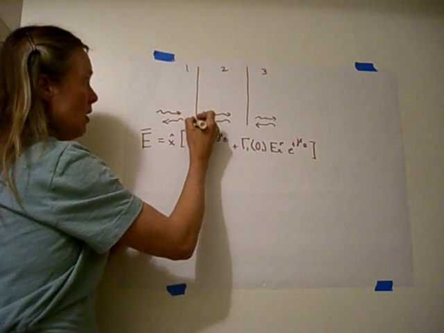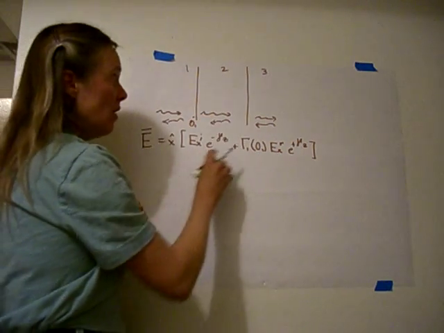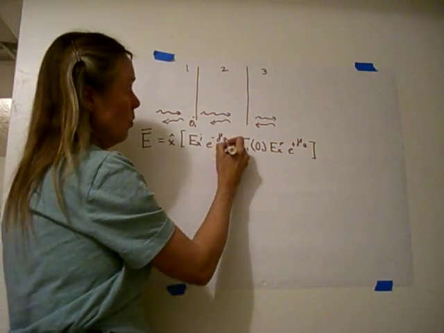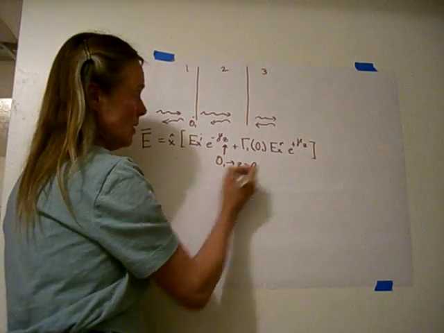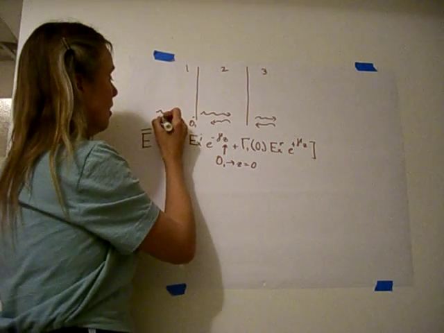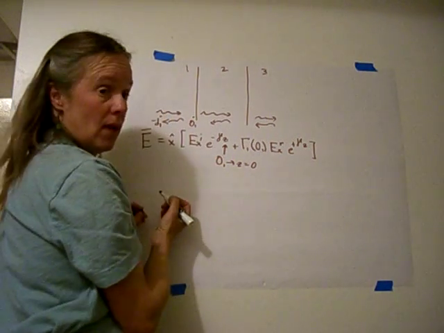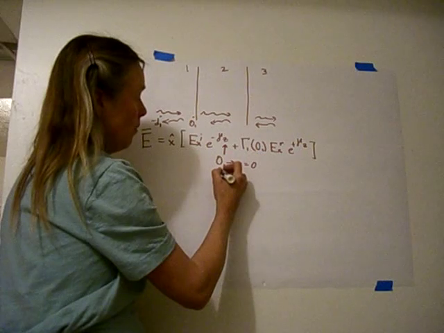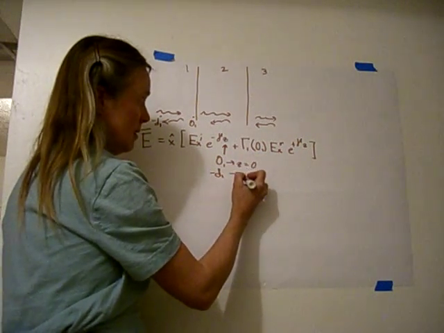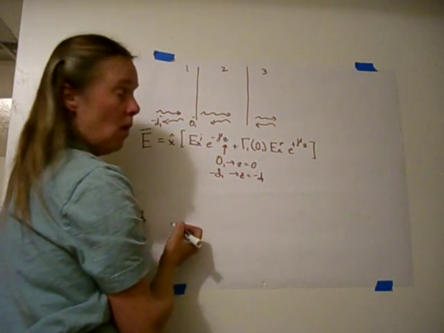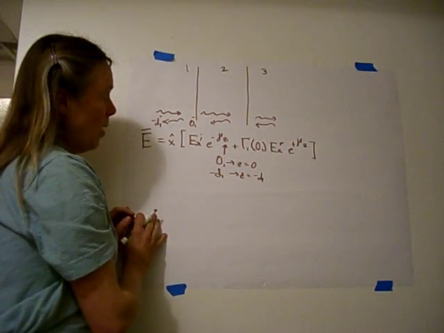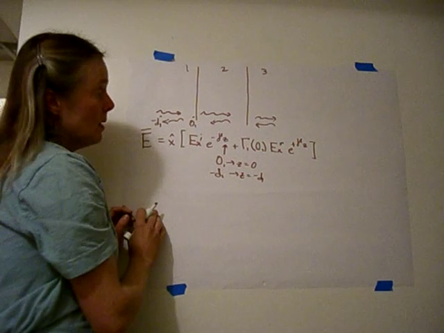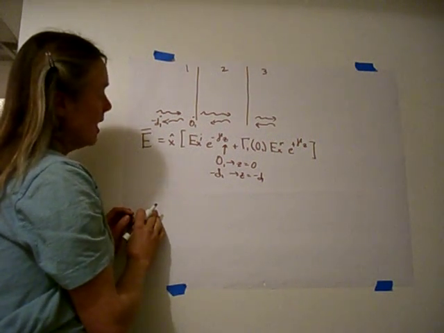If we were right here at O1, the value that we would put in here for z would be 0. So at O1, z is equal to 0. Out here at minus d1, if I wanted to find the electric field there, I would put in z equals minus d1. So I'm able to write the electric field any place in region number 1. The magnetic field follows from the equation that we had in the very first set of slides.